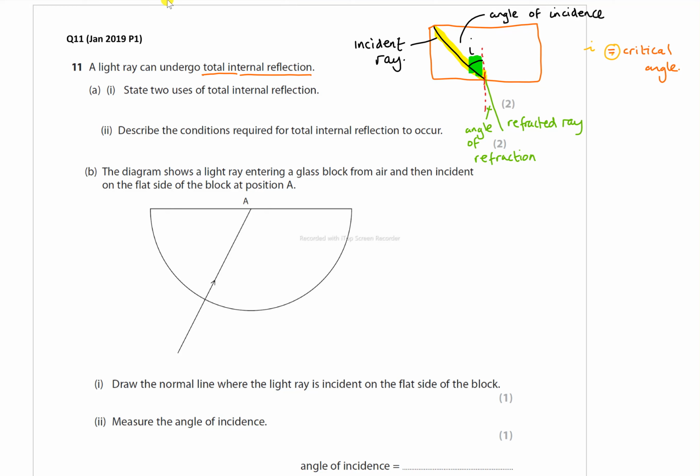Now what happens when I is greater? Which color should we use? So when this angle is greater, you get the full ray reflecting. This is called total internal reflection.